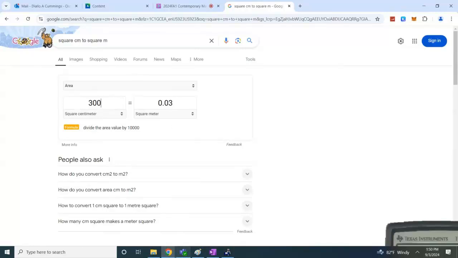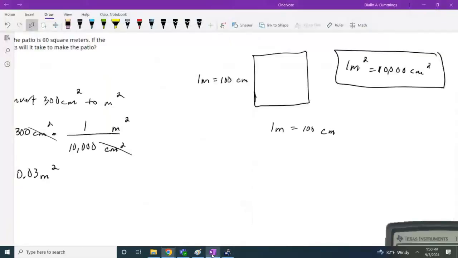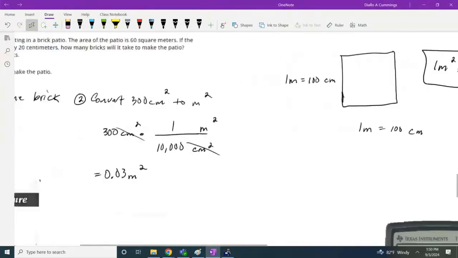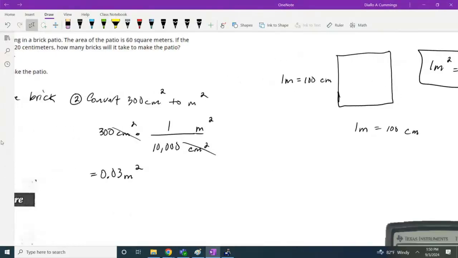All right. So 300 square centimeters is 0.03 square meters. So here I just did it the long way, or you can put it into Google search. And now the third thing I'm going to do is I have to divide.